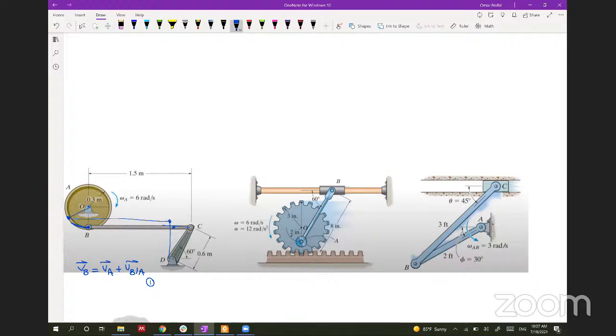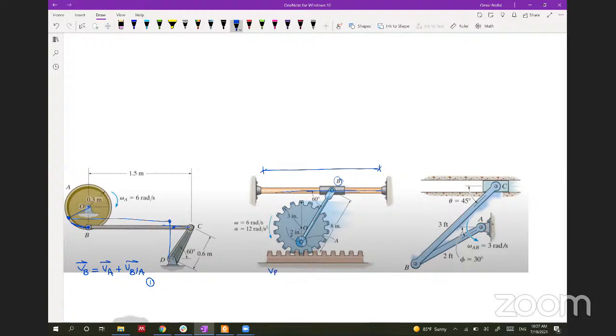Similarly, in this one, from the first glance, you can assume that point B is slipping on this bar, but actually this bar is a fixed path, it is not moving. So if point B is slipping on a fixed path, we can solve it with the equation without slipping.